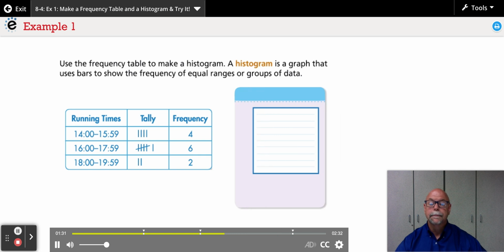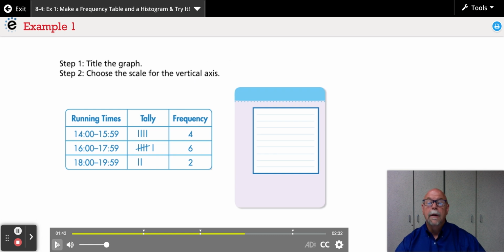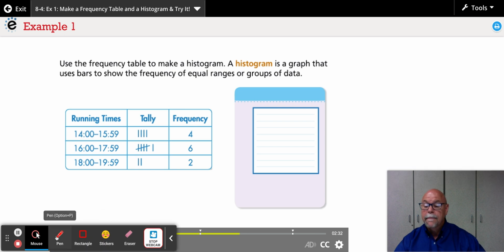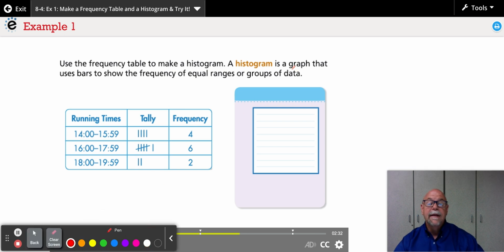Use the frequency table to make a histogram. A histogram is a graph that uses bars to show the frequency of equal ranges or groups of data. I'm going to pause right there and just highlight some of the important things from that definition. So it is a graph, right?